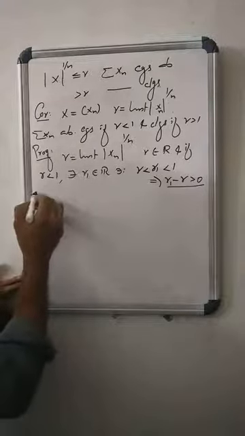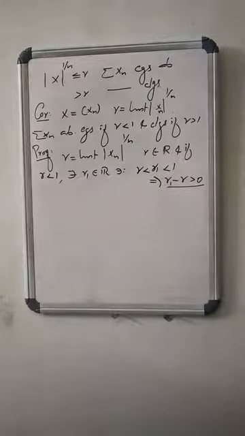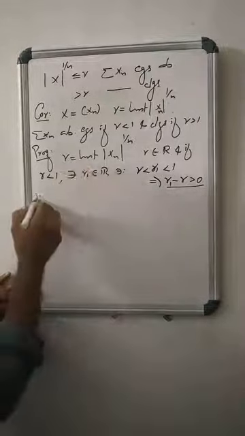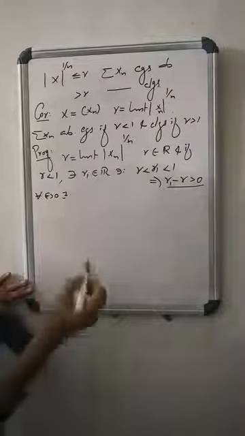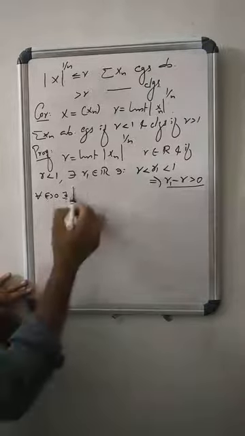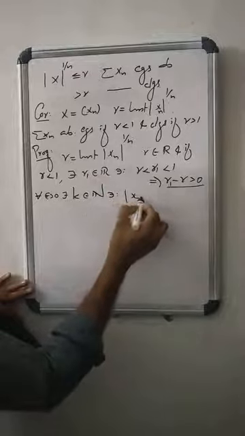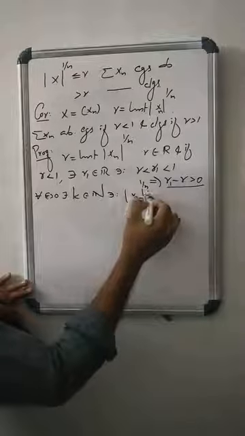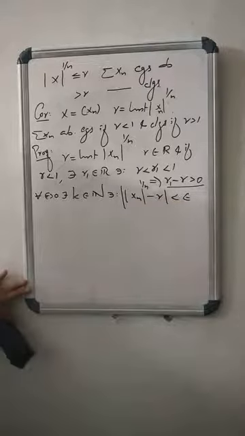Now, since the limit of modulus of x_n all power 1 by n equals r, by the definition of this limit, for all epsilon positive, there exists some k in N such that modulus of modulus of x_n power 1 by n minus r is strictly less than epsilon.